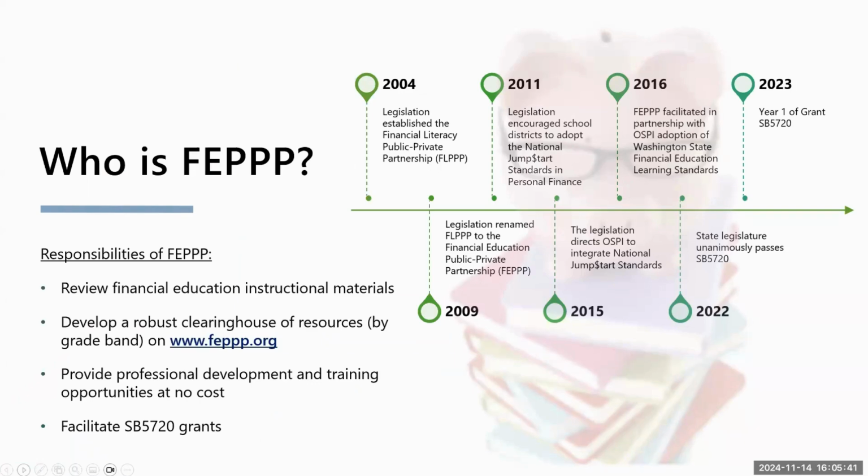And we have all of those materials listed on our website, which again is linked in this presentation, which you will receive after this, and provide professional development and training opportunities at no cost, like the one you're participating in today. We are also facilitating a grant. This is our second year of our grant opportunity, where we are providing grant funds to districts who commit to increasing their financial education. So if that's something you're interested in, you should definitely check out our website and get in touch with some other members of our staff who know a lot more about that than I do.